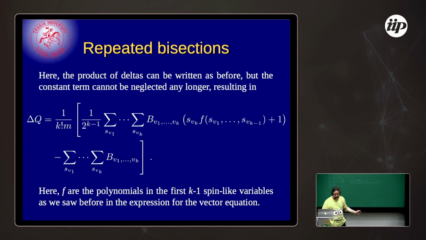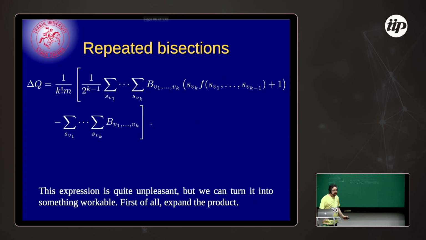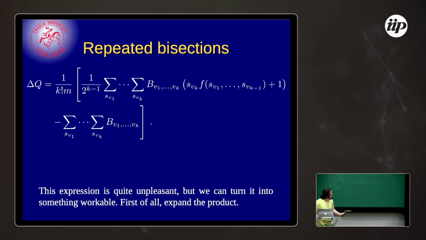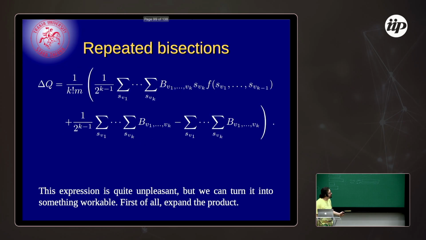We take this thing over here, and it's kind of annoying. We can do something, however, that is going to turn out to be pretty workable, pretty easy to do at the end once you see the result. The first thing to do is we're just going to open up the whole thing. So you see here, I'm doing b times s times f, and then again there is the 1. So I'm going to end up with this.